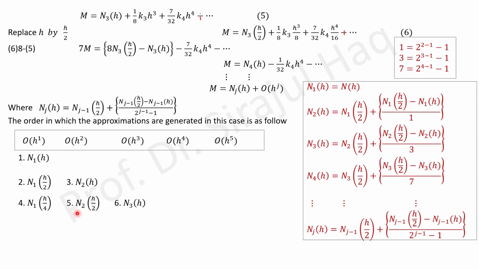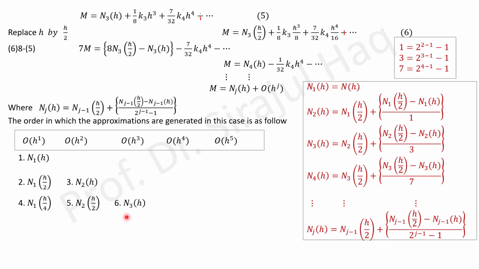If the target is to find out N2 of h divided by 2, substitute j is equal to 2. So this will become 1, this will become 1, this will become 1. But this time you have to replace h by h divided by 2. When you replace h by h divided by 2, you need N1 of h divided by 4 and N1 of h divided by 2. That's the reason you have to find out this value. And this will be N1 of h divided by 2, which you have computed in the previous step.